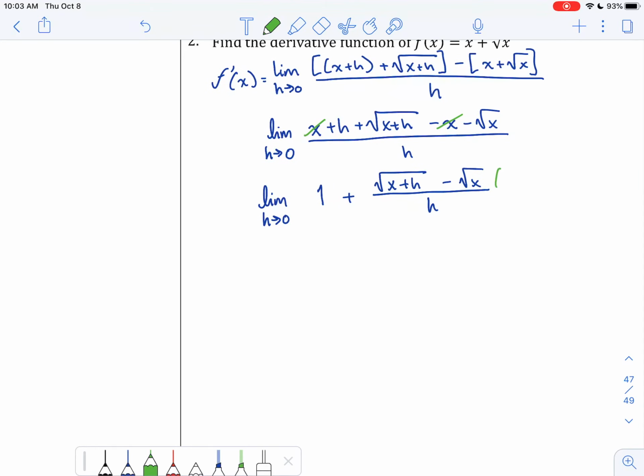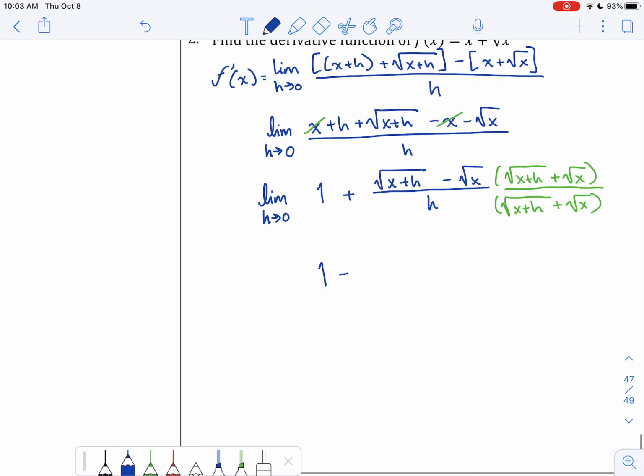So I'm going to multiply this fraction by the conjugate, so root x plus h plus root x. Do it to both sides. Remember, the conjugate just means that I'm changing the sign in between. And when I FOIL out that numerator, we still got the 1 plus from here, we end up with x plus h minus x as we square both, and then the internal parts cancel out.